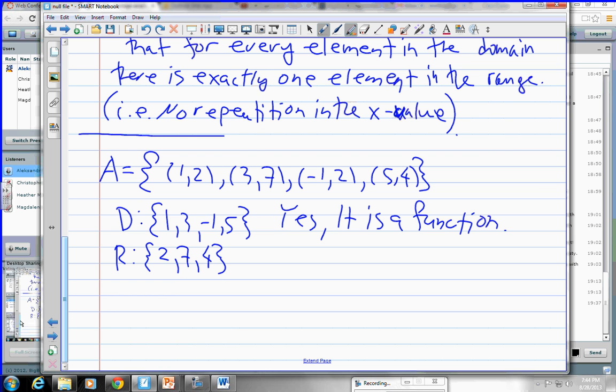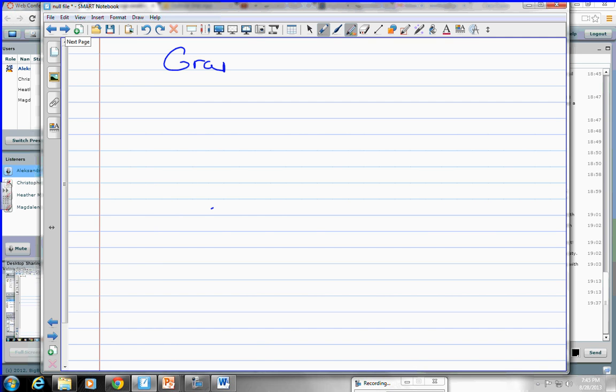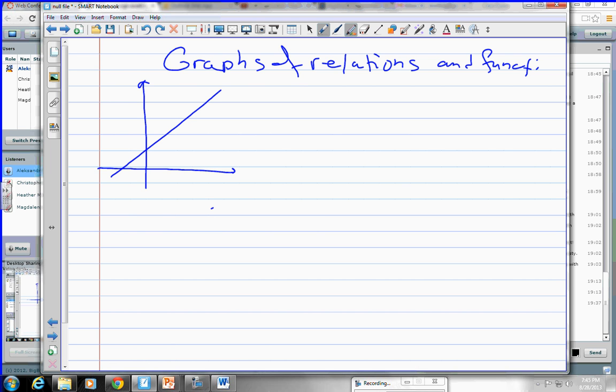We can also judge whether something is a function by looking at its graph. Because we can always graph relations. Those are just sets of ordered pairs. And they're all going to be numerical, no monkeys. So we're just going to be able to graph them. So just by looking at the graphs of relations and functions, if we have, let's say, just a straight line.